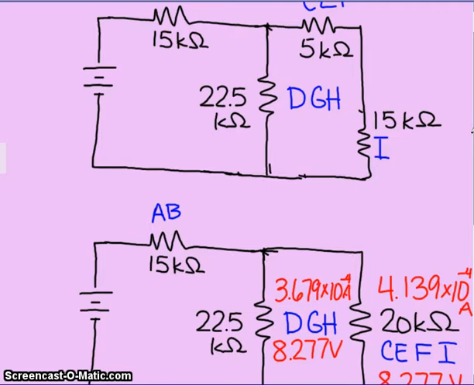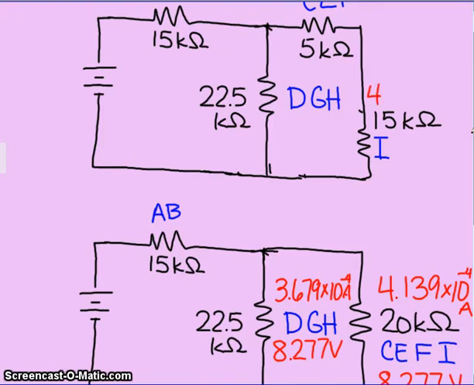Here, CEF and I are separate. We combined CEF and I in series to get resistor CEFI, which means that they have the same current as the current that travels through CEFI.